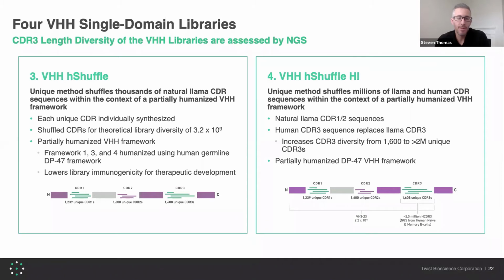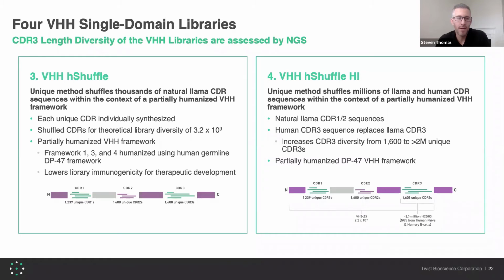Somewhat surprisingly to me, the llama VHH antibody is not that phylogenetically distant from human heavy chain framework. So we were able to make some key mutations to partially humanize this VHH framework, which should have lower immunogenicity for any therapeutic antibodies that move into the clinic. So this is now a DP47-like framework that we're working with here.